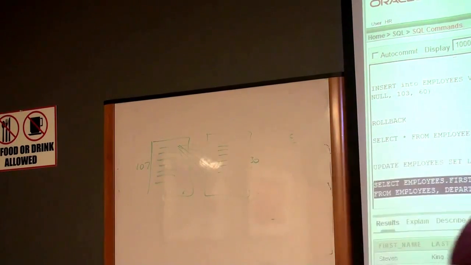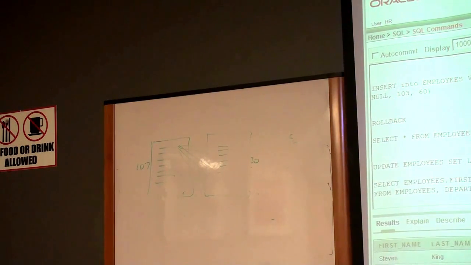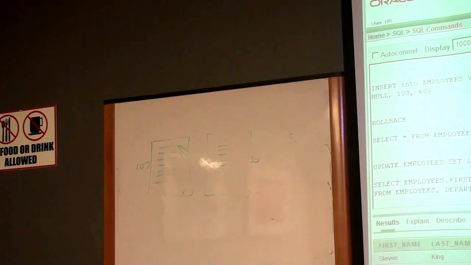So that's what I'm going to do. You observe here that I'm almost there. I'm getting the first name, last name, phone number, and department name. So the format is correct, but the result set is incorrect.